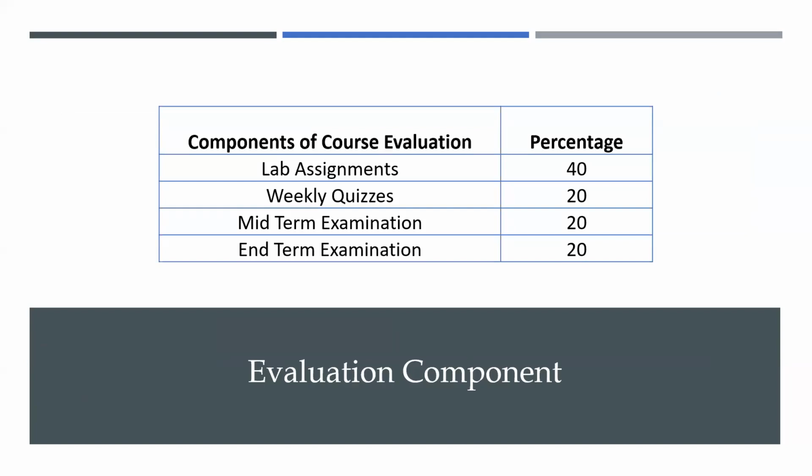Your grades can be O, then A plus, then A, then B plus, then B, then C plus, then C, D plus, then D. And then we have F, which is fail. Obviously, none of us would like to have that here or anywhere.